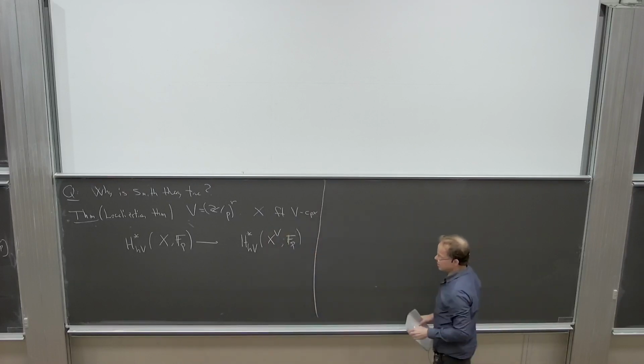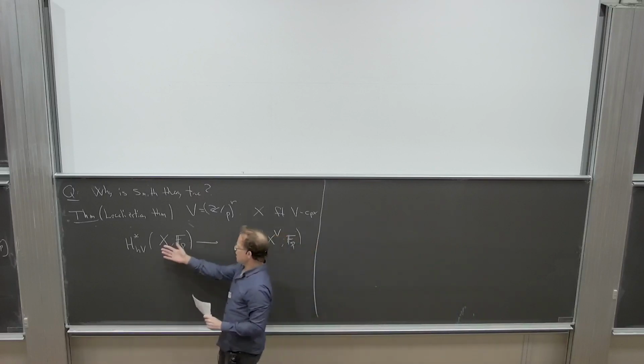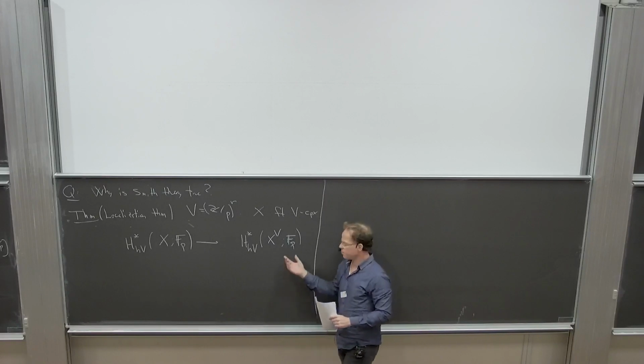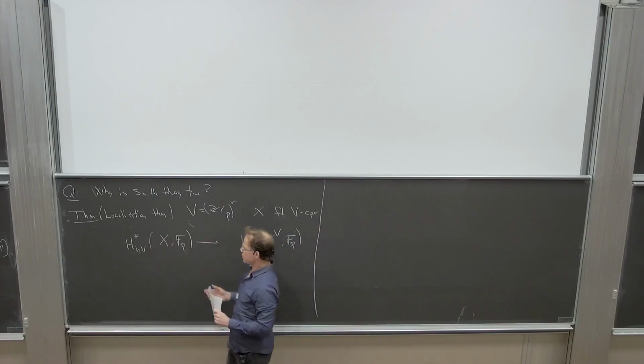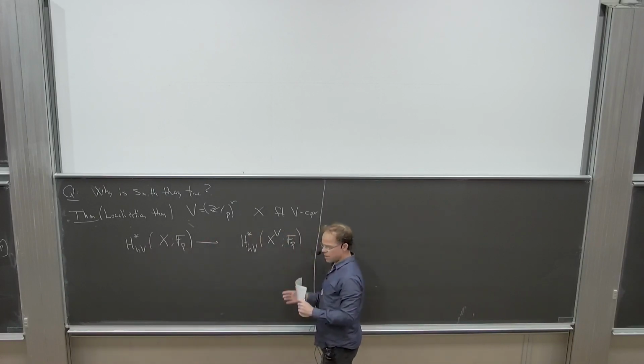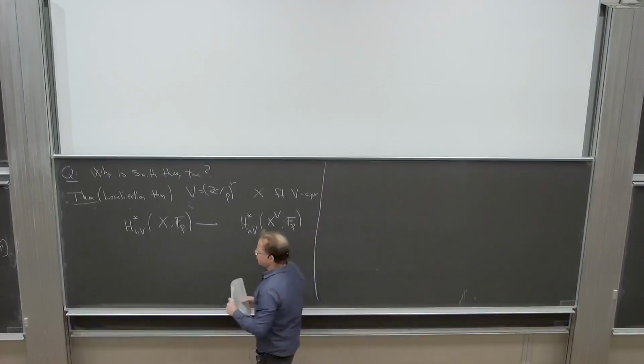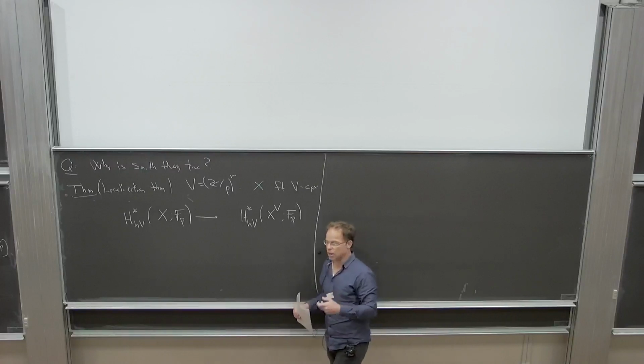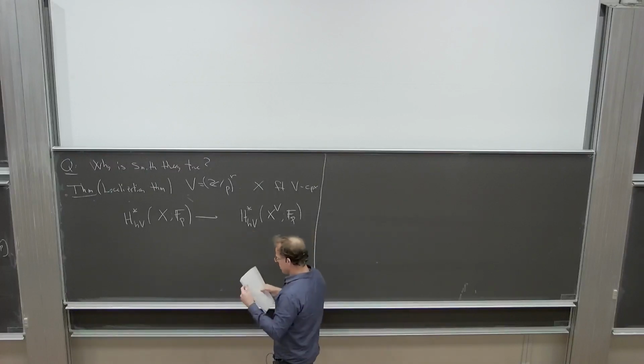And now it would of course be nice if these two cohomology rings were the same, which they're not. But they are the same if you invert something. So this is the localization theorem. If you localize, then they become the same.